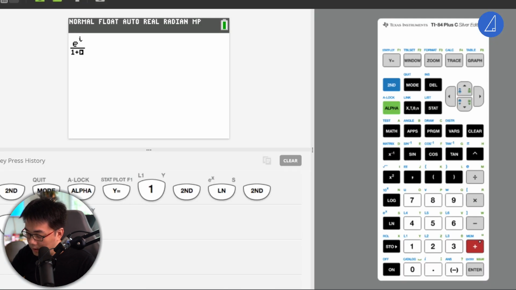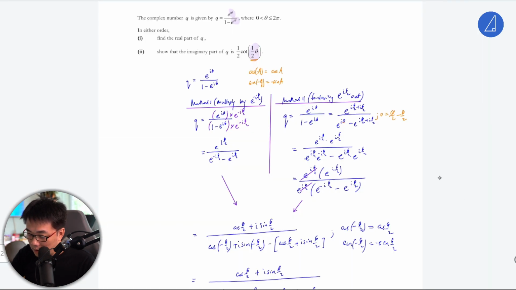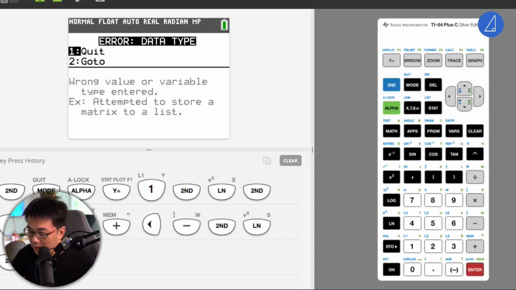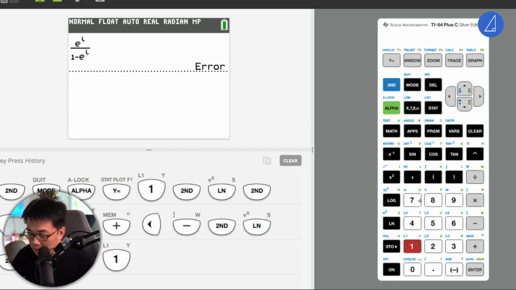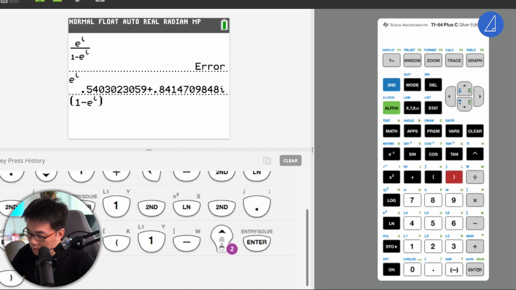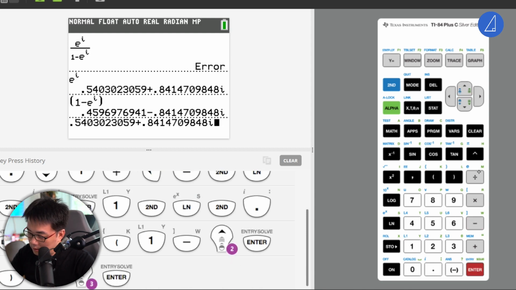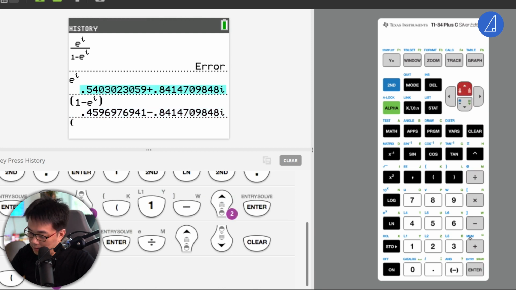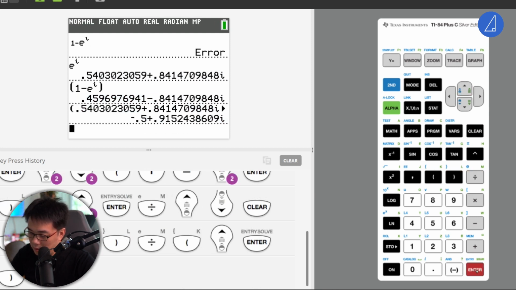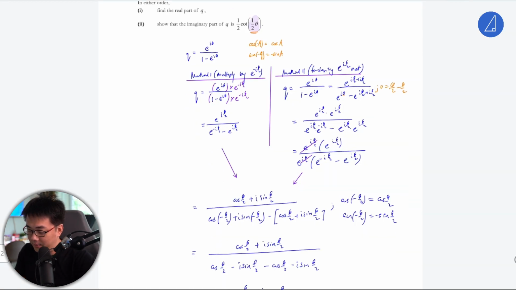Then I put 1 minus e to the i 1, and also 1 minus e to the i 1, and divide this by this one. Yeah, so there you go, this is minus half. So essentially I have the confidence to say that likely my answer is correct.